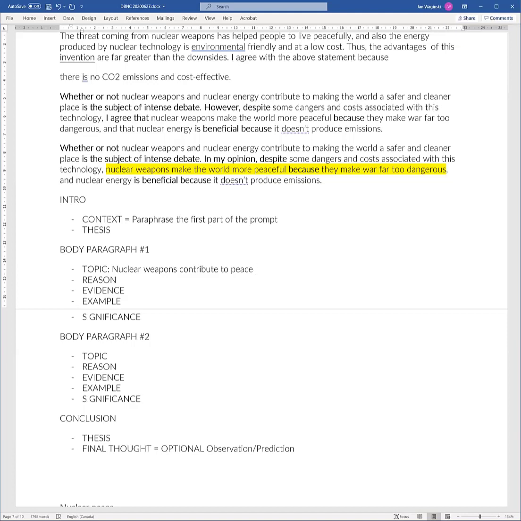Because we can arrange decisions with other countries. Like we can contribute to peace by deciding if we want to continue the war or not, for example.